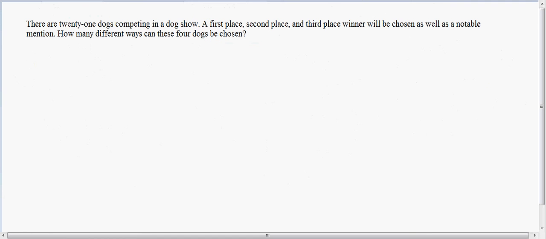So let's go ahead and do this problem here. How many dogs do we have to choose from? Well, there are 21 to choose from. We said it's a permutation, and we can get first, second, third, or notable mention, which means we're breaking this into 4 different groups. So we're going to do this permutation here as 21 times 20 times 19 and then times 18.